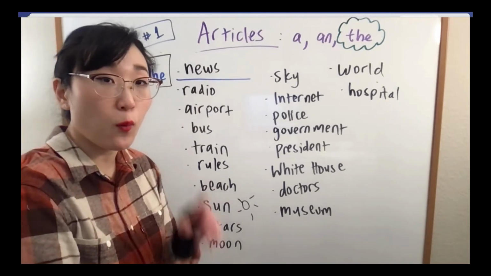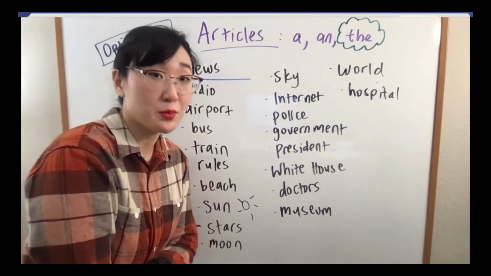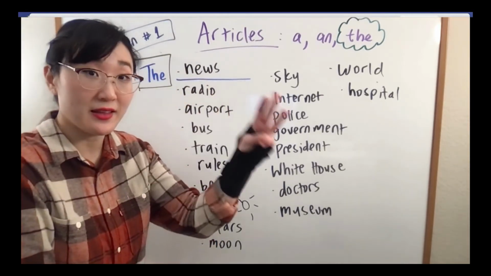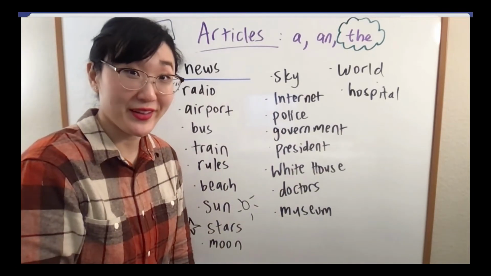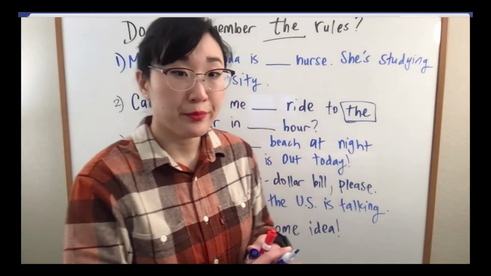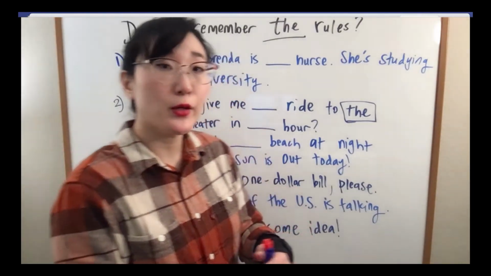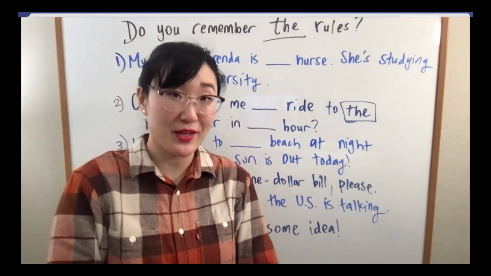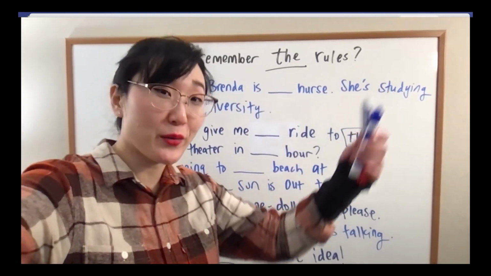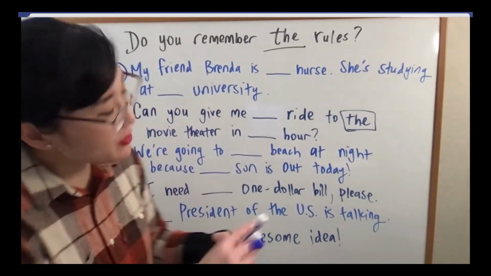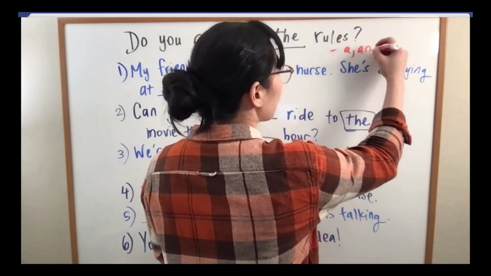I'm going to give you one opportunity to practice a, an, and the. I'll give you 6 different examples. Are you ready? Okay, I am going to give you a few minutes. You can pause the video because I want to see, do you remember the rules? You will have 3 options where you can use the articles a, an, or the.